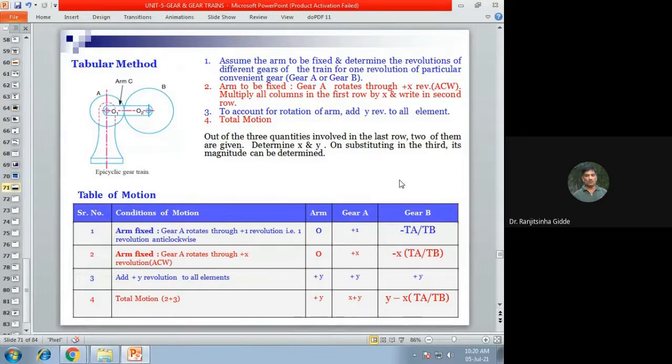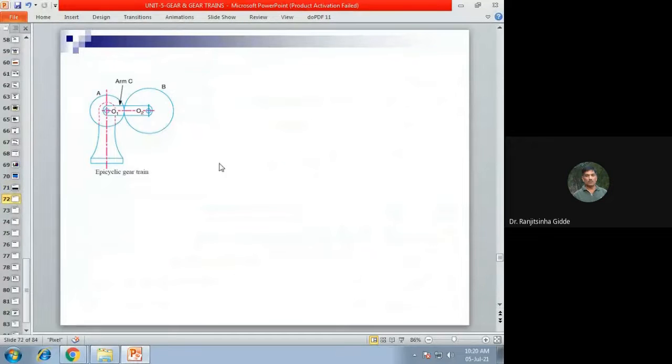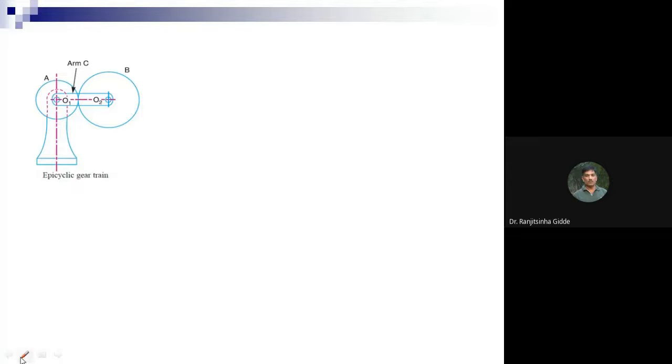So again, that also we can see in the next slide. Now gear A rotates through plus X revolution.